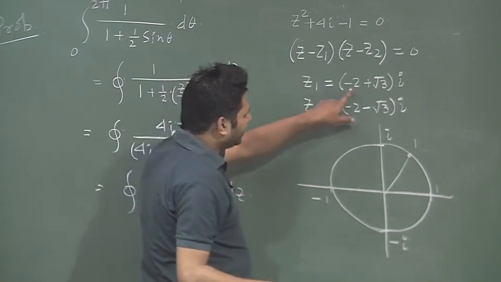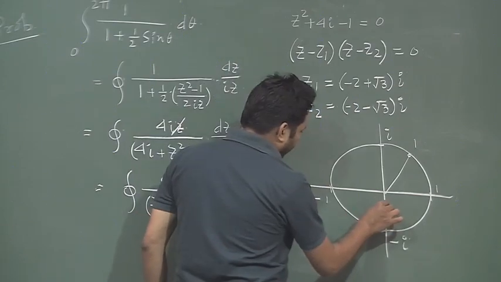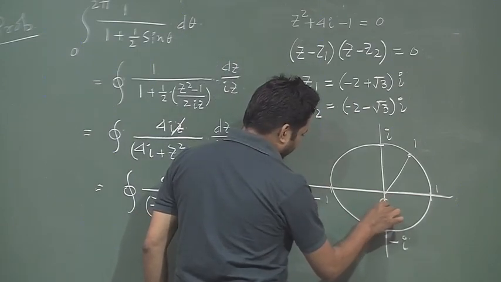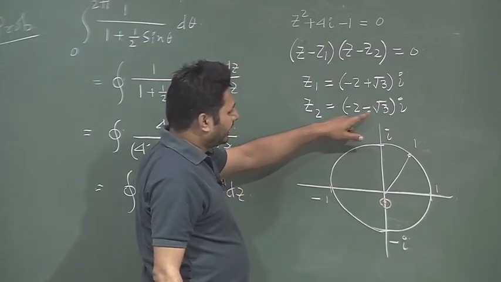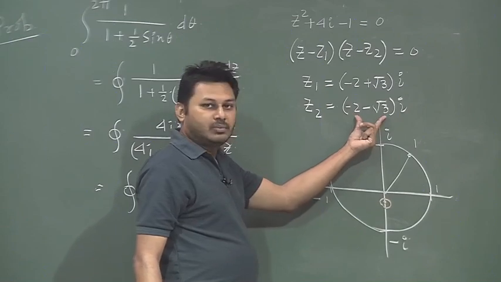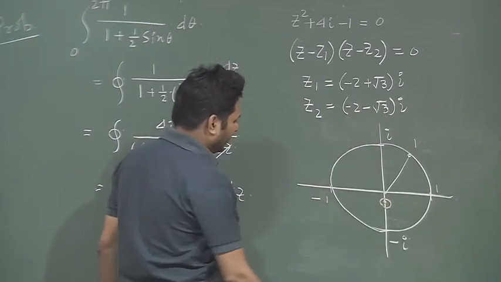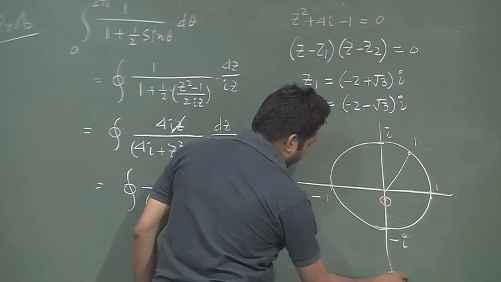So, that means minus 2 plus 1.7 something, so minus of something. So, somewhere here it is sitting. On the other hand, minus 2 minus root 3 I, this quantity is greater than 1. So, mod of these things is greater than 1. So, obviously, it will be outside the circle somewhere here.